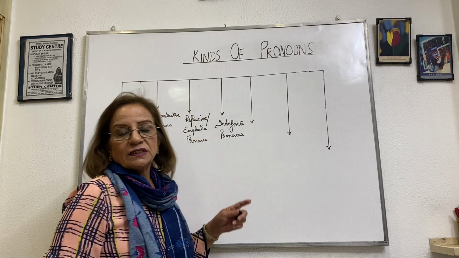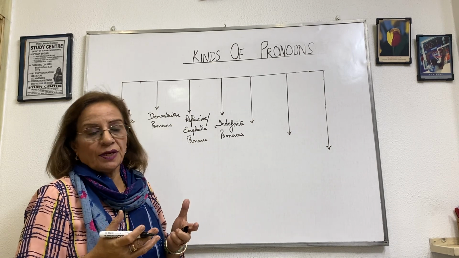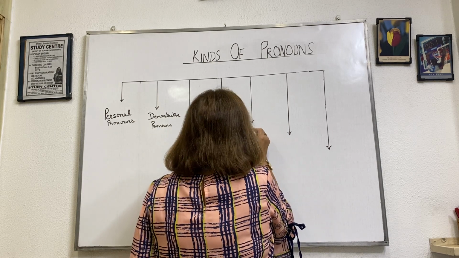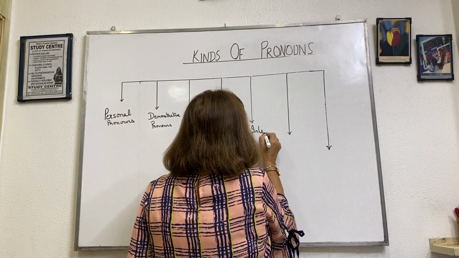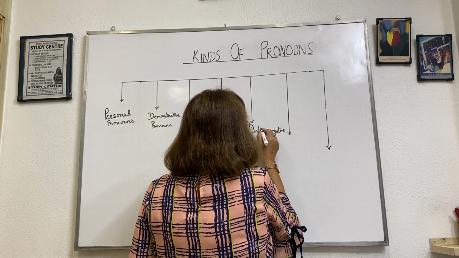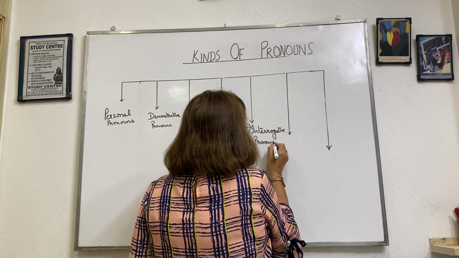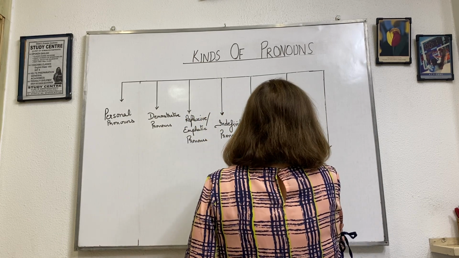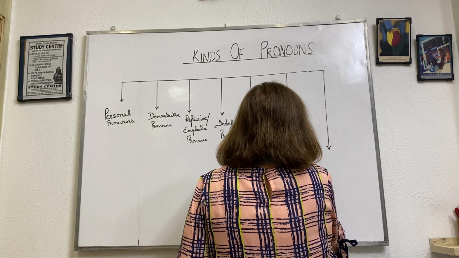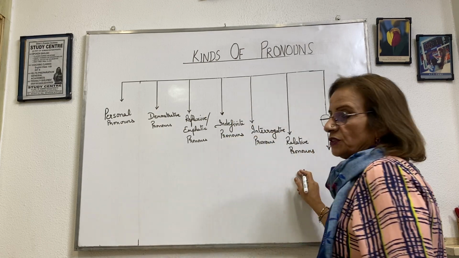As the name suggests, indefinite means we don't know the number. Okay, so indefinite pronouns. Then the interrogative pronouns. Interrogative means which ask a question. Interrogative pronouns. Then is relative pronouns. These relative pronouns, they connect.